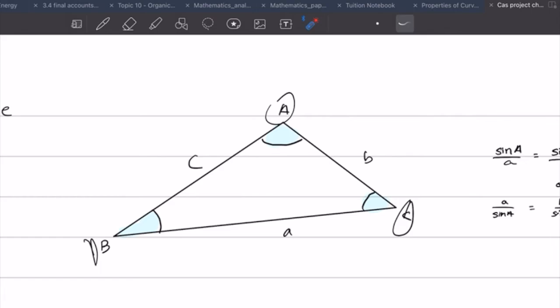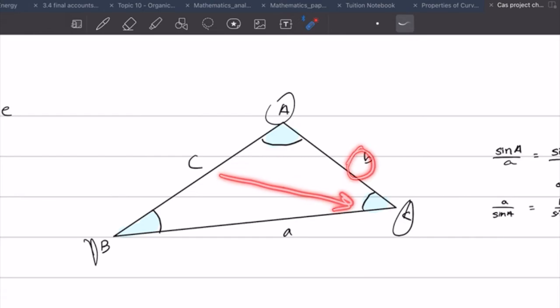And we know that the side is actually opposite of whatever angle we're trying to find. So if you're trying to find A, this is the side, or if you have A, this is the angle you're trying to find. If you have C, the angle, then you're trying to find this side. If you have the side, then you're trying to find this angle.